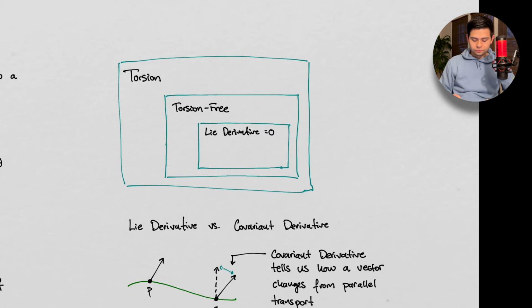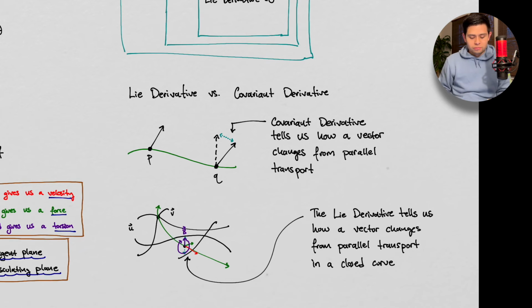All right, so let's compare now a little bit more in depth the Lie derivative with the covariant derivative. As we've seen in the past, the covariant derivative is going to tell us how the vector changes from parallel transporting. So we have some vector at point P, and it's going to travel to point Q along some dx, some small change in space.